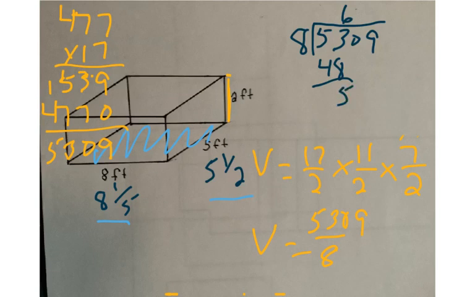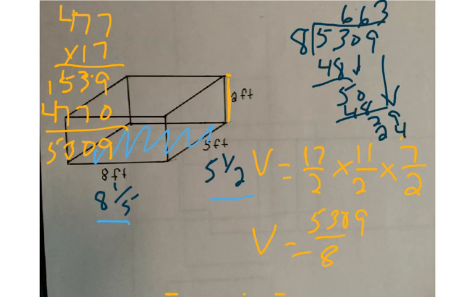We're left with 5. Bring down our 0. That goes in there 6 times again. 48. Bring down the 9. And it goes in there 3 times. That's 24, with a remainder of 5.